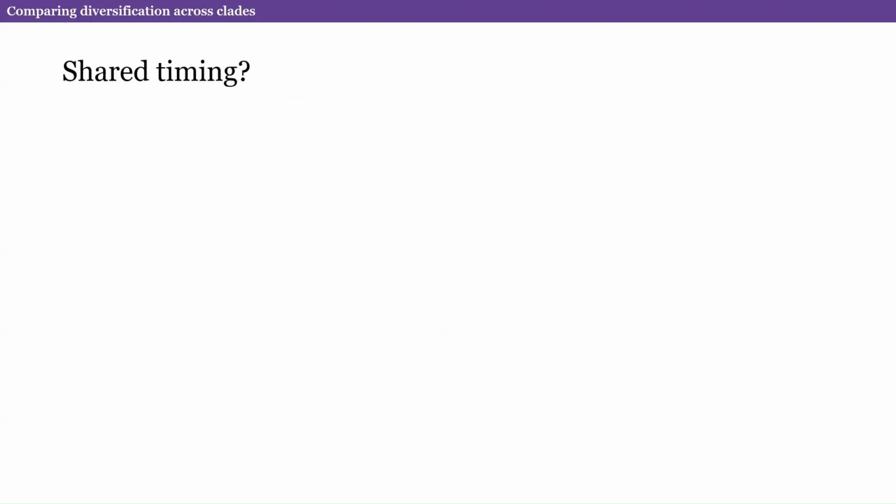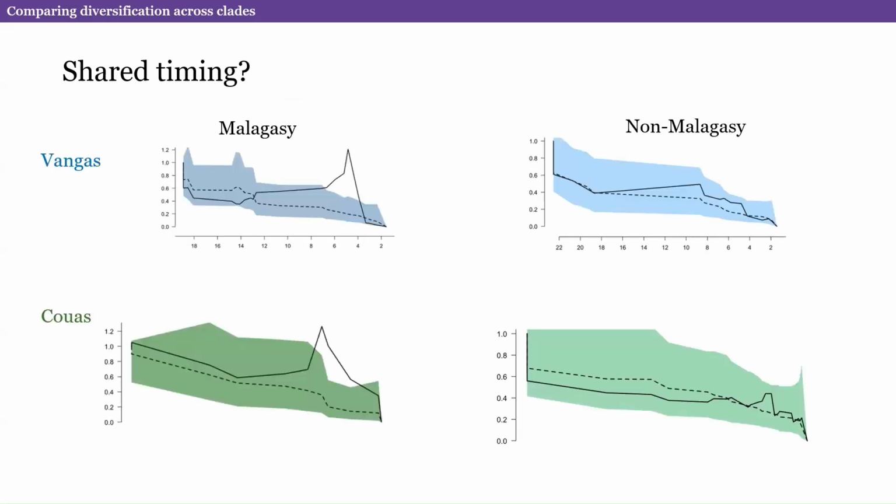And then, when we looked at shared timing, we again saw what looked like some sort of shared signal. This is showing those disparity through time plots again, with the Madagascar Vangas and kuas on the left and their relatives on the right. It seems like there's maybe a similar pattern of an initial increase around 12 to 10 million years ago, and then a peak 8 to 5 million years ago.